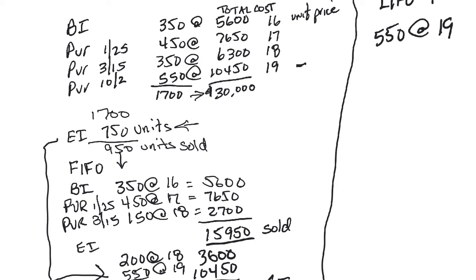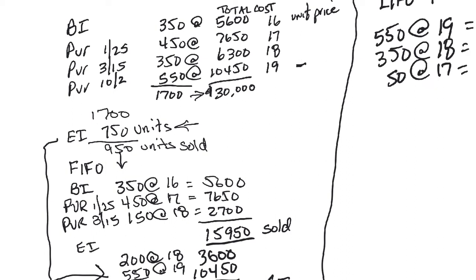So I sold 350 at $18, which gives me 900. I need to sell 50 at $17.